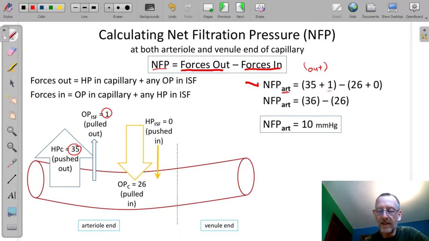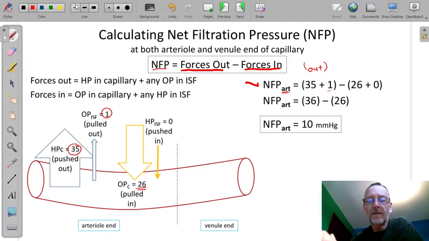So we're adding those together, the 35 plus the 1, forcing water out, and then subtract the total of forces in, which we had 26 osmotic pressure in the capillary, and there was 0 push from the hydrostatic fluid in the interstitial fluid, so that's 0. So we have 36 minus 26.